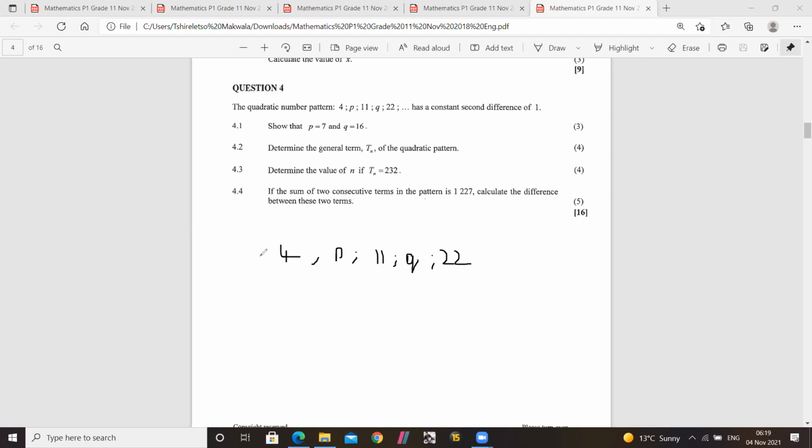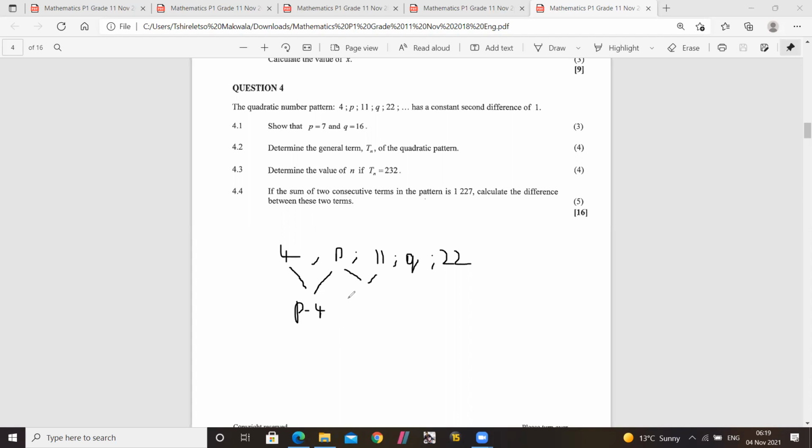So they said prove this. What does this mean? This and this, I get P minus 4, that's the first difference for this one.